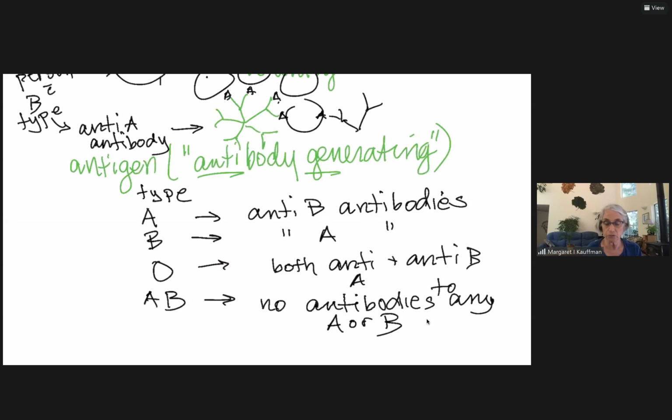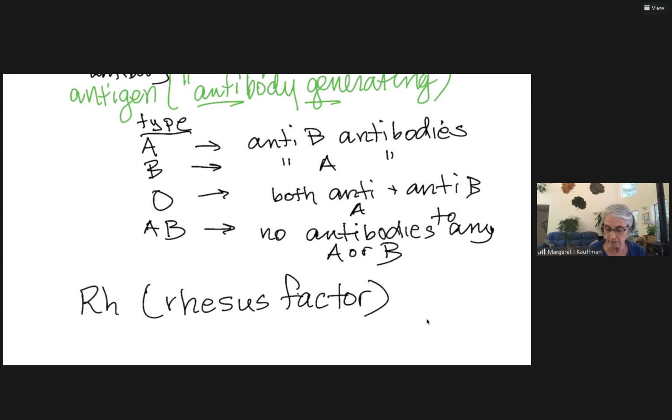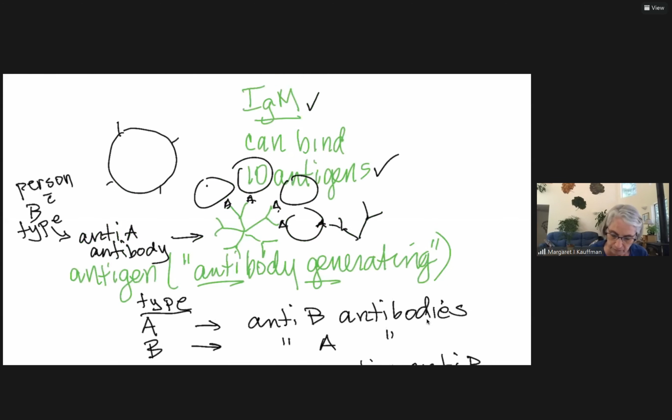Now, what I've ignored here is Rh. And Rh stands for rhesus factor because it was discovered in rhesus monkeys. Rhesus factor is also on the red blood cell. My red blood cell's getting a bit crowded here, but let's put some rhesus factor on there.